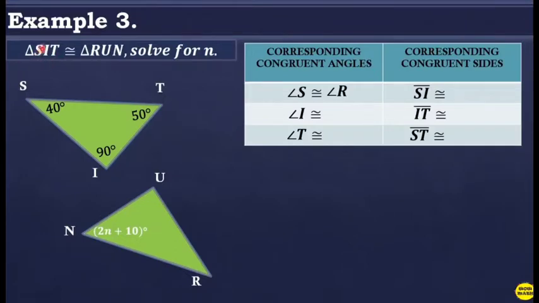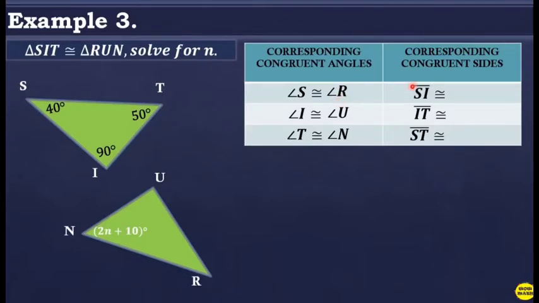Angle I is congruent to angle U. And angle T is congruent to angle N.